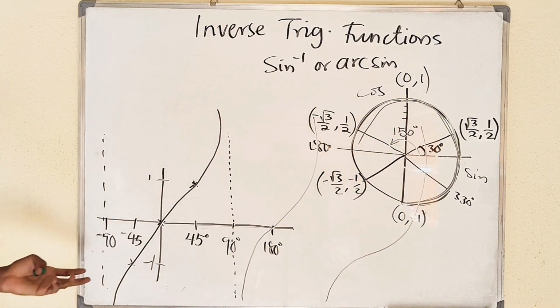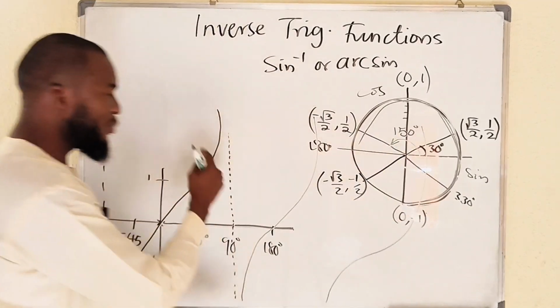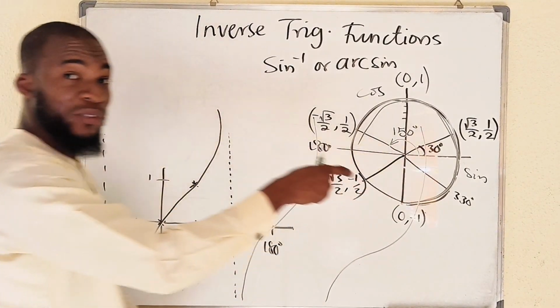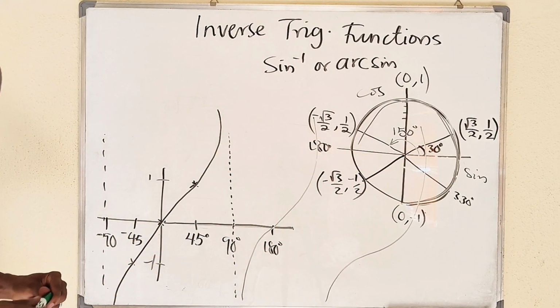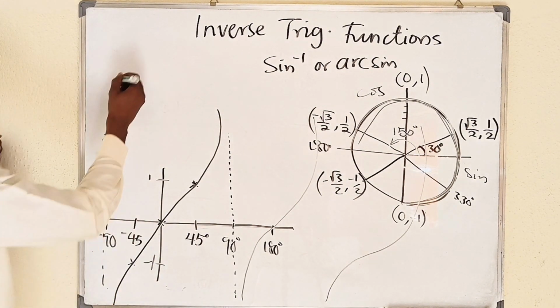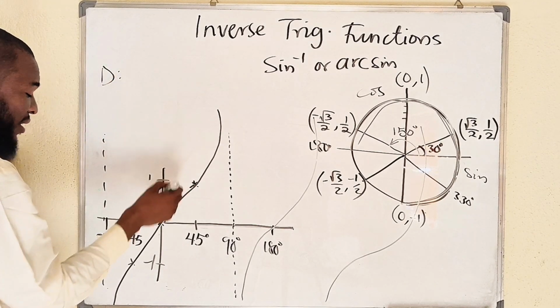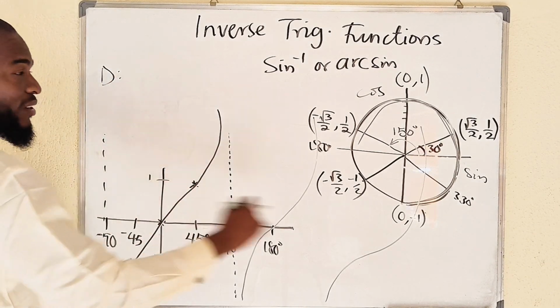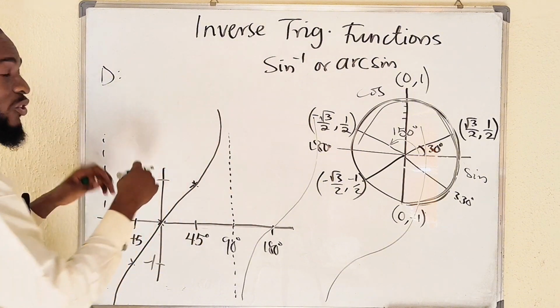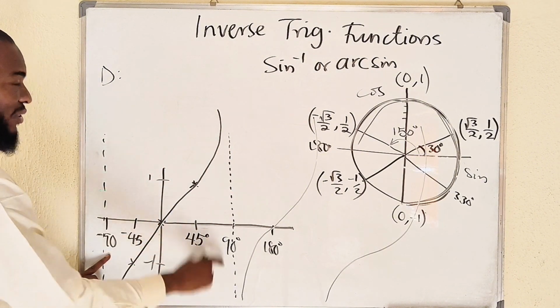But again, if you draw a horizontal line test, it will be touching many curves. So to restrict it, we are going to restrict it from negative 90 to positive 90. So the domain, after being restricted, initially it is from negative infinity to positive infinity, but because we want to have an inverse, we have to restrict it from negative 90 to positive 90.